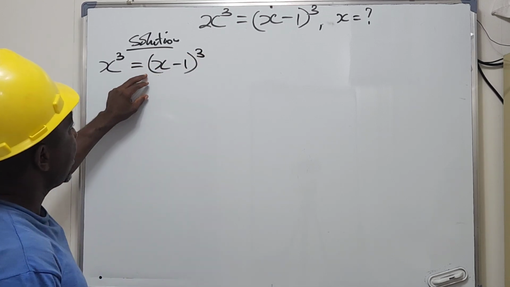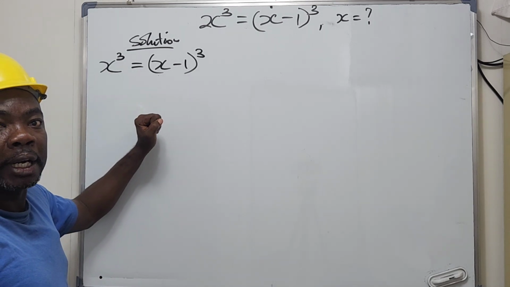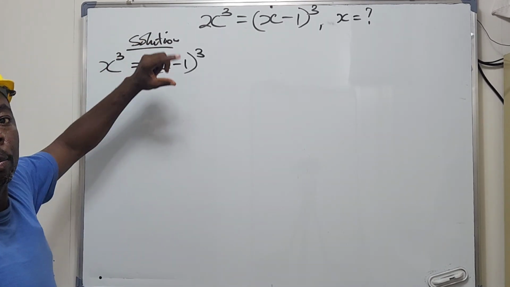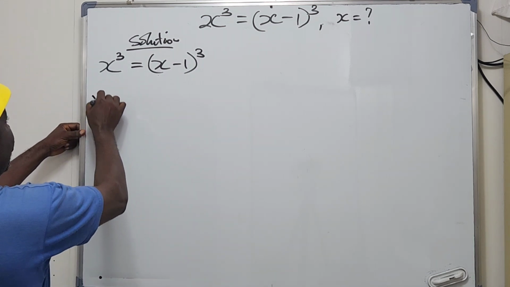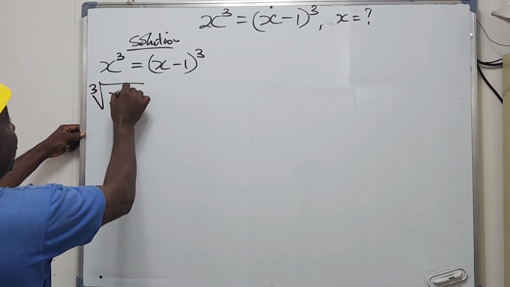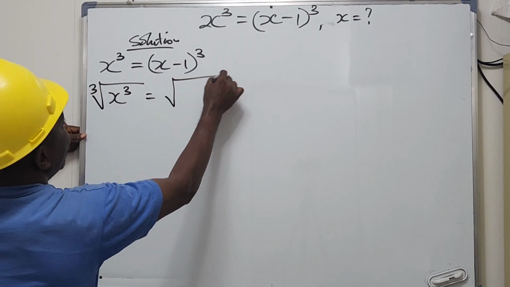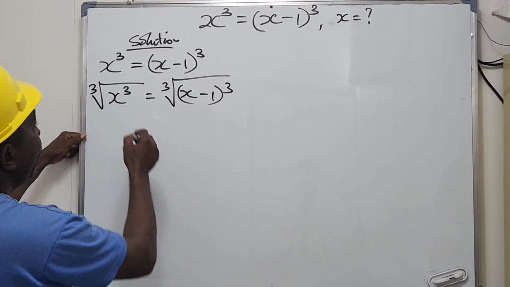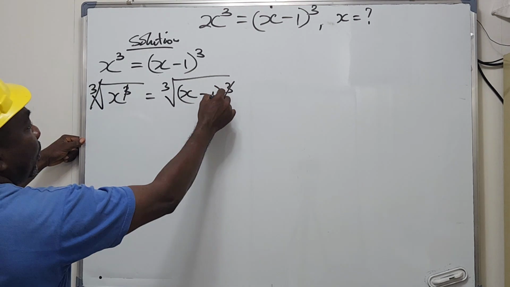Here, when we have a situation like this, some people will say, let's introduce cube root to both sides. So if you introduce cube root, which is cube root of x to the power of 3 equals cube root of (x minus 1) all to the power of 3, we know that this will cancel this and this will cancel this.